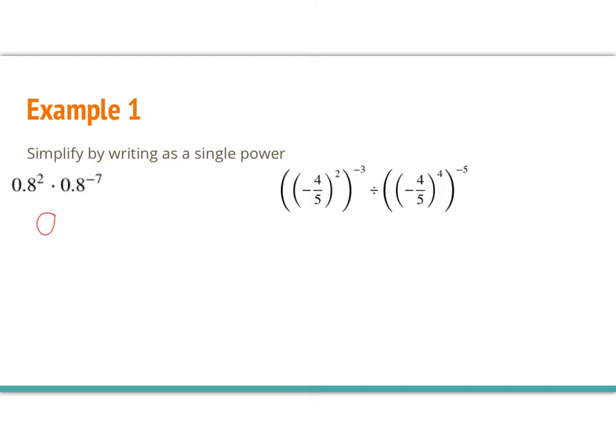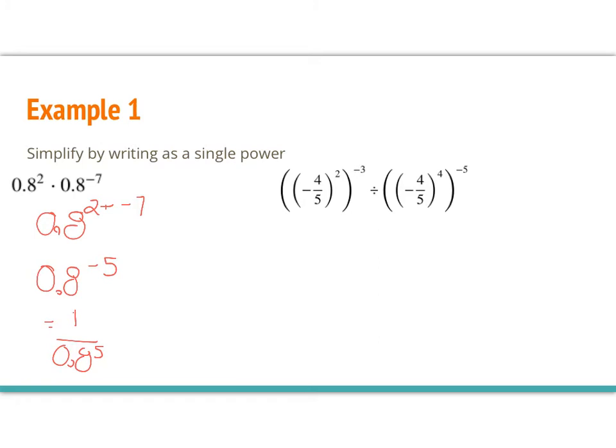So this will be 0.8 all to the 2 plus negative 7, and 2 plus negative 7 is negative 5. Now the last thing we might want to do here is write this as a positive power. So this is also equal to 1 over 0.8 all to the power of 5.